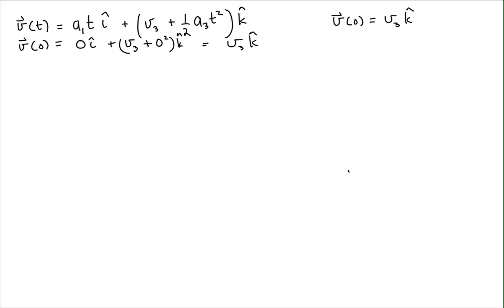Now that we have the velocity as a function of time, let's determine the position as a function of time. To do that, we're going to have to integrate, starting with the definition of velocity. So velocity is defined as the time rate of change of position.